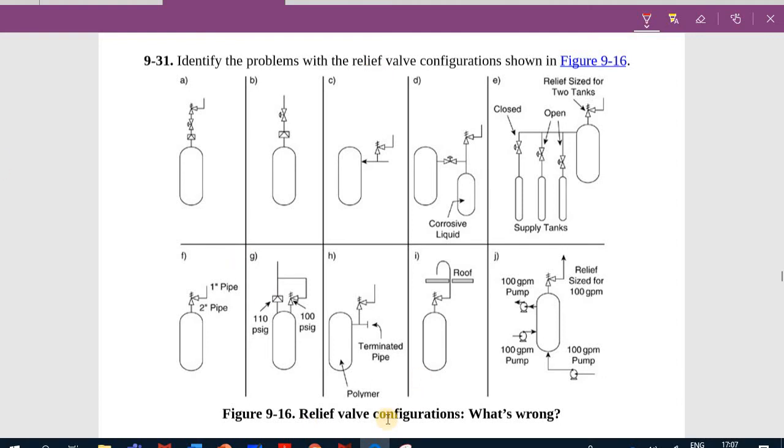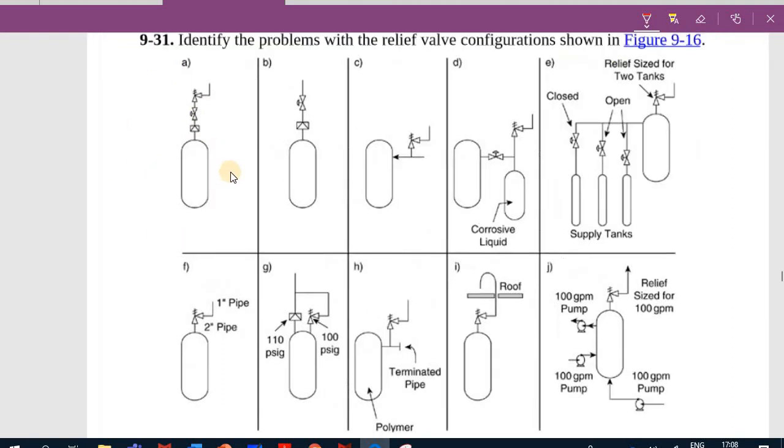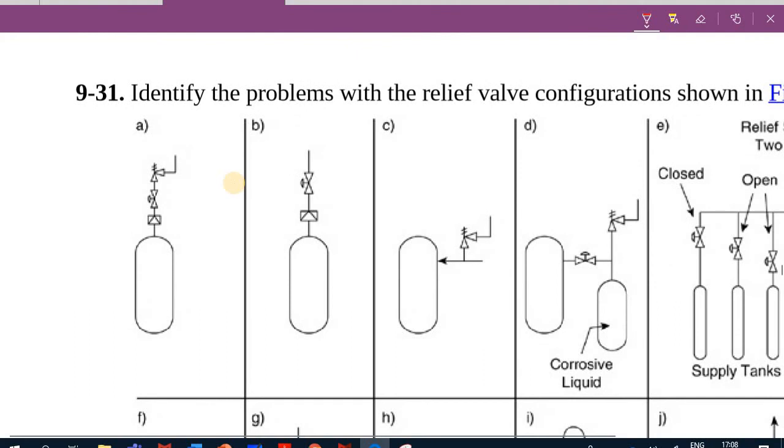It's asking us to tell what is going wrong in these relief valves, how they are installed, and what is wrong with them. The first one is A. Now we are going to start with A. In A, what do you think the problem is?